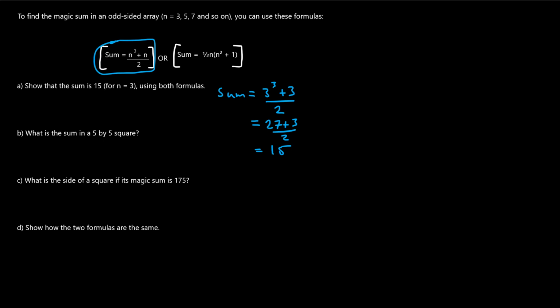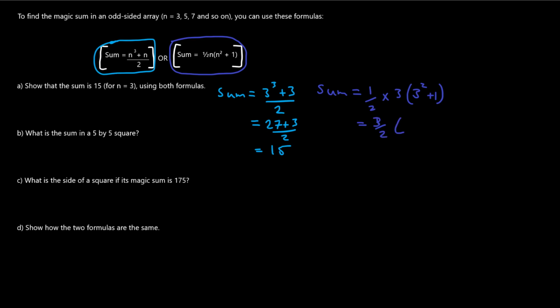And let's use this purple for this right sum. So if we've got the sum equal to a half times 3, open bracket 3 squared plus 1, this will equal, well, let's make this 3 over 2.